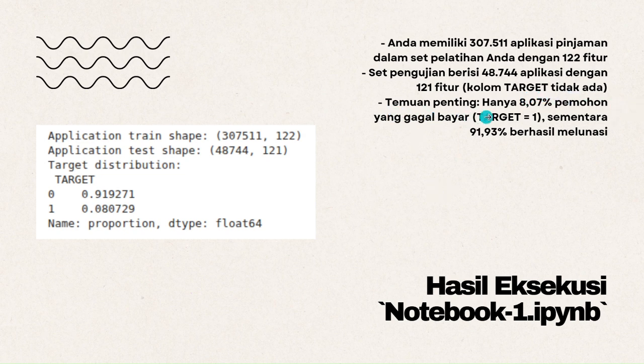The important finding here is that there's only 8.07% loan applicants that fail to pay, in which the target equals 1, while 91.93% has successfully paid their debt.